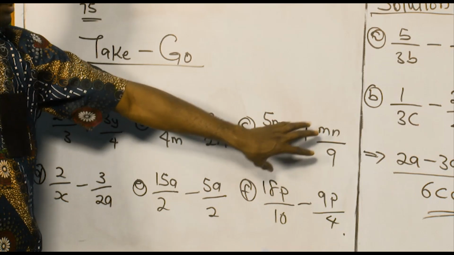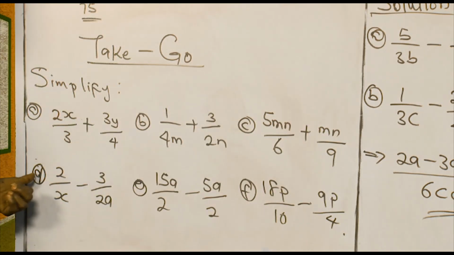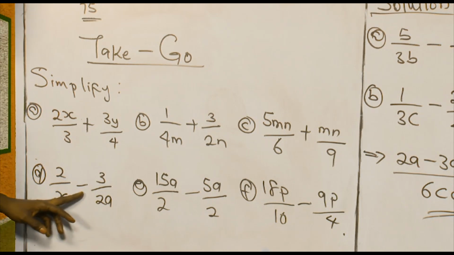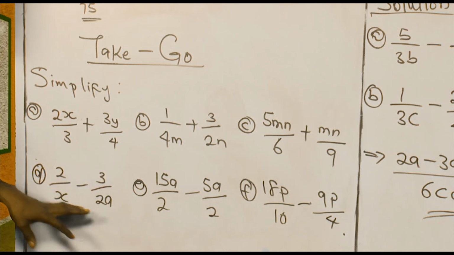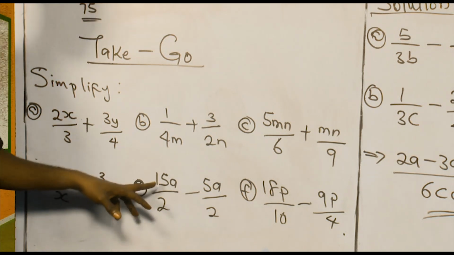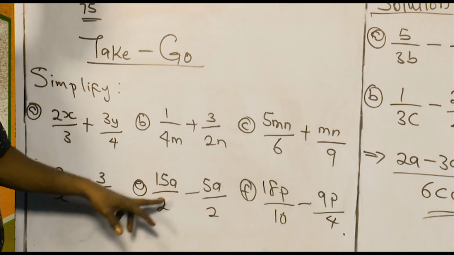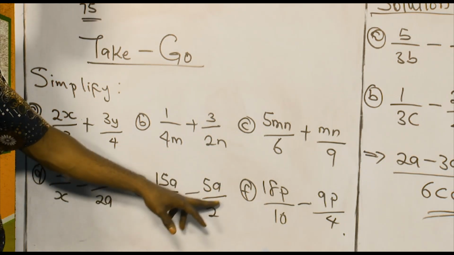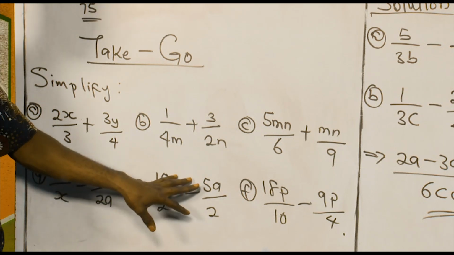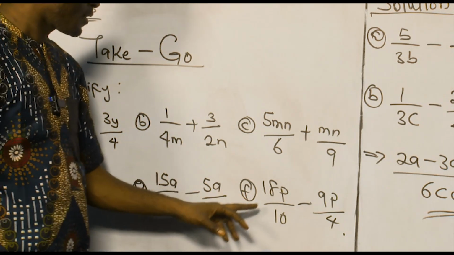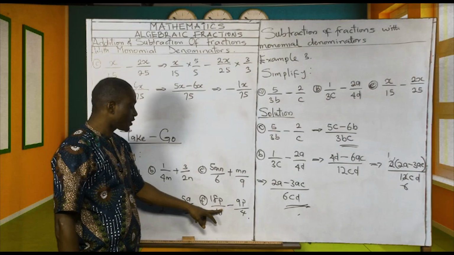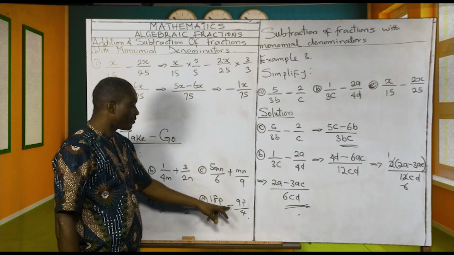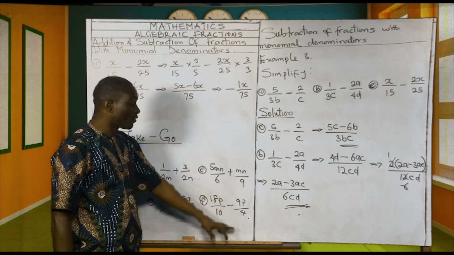You are asked to find the sum. Question letter D, 2 over x minus 3 over 2a. Find the subtraction. E, 15a over 2 minus 5a over 2. Subtract. F, 18p over 10, this is 10, minus 9p over 4.